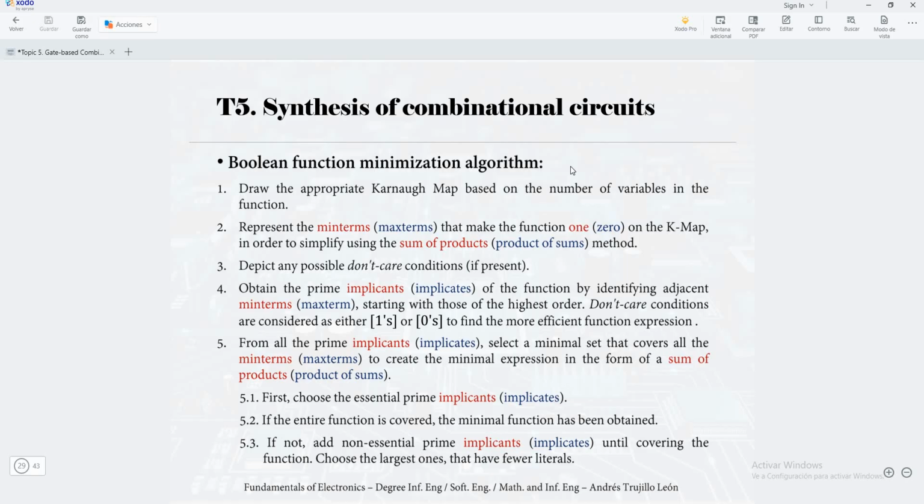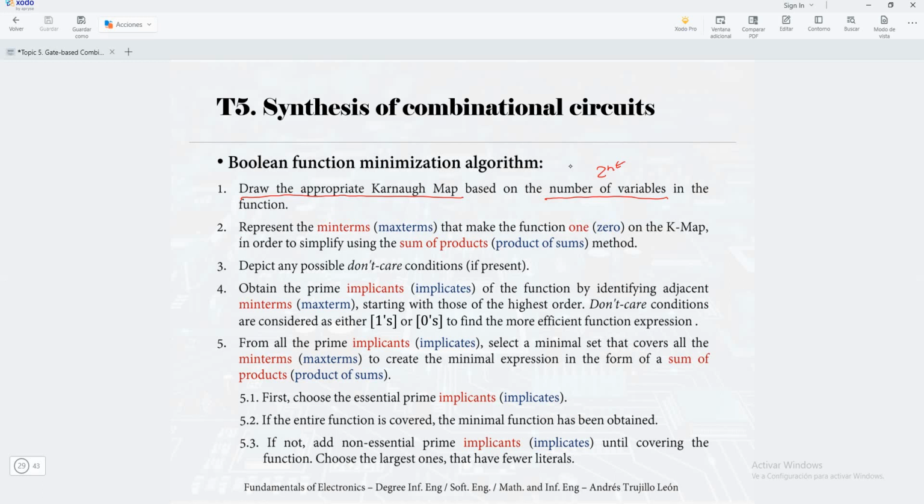So the first step is to draw the appropriate Karnaugh map, which is going to depend on the number of variables. The number of cells is going to depend on the number of variables, being n here.